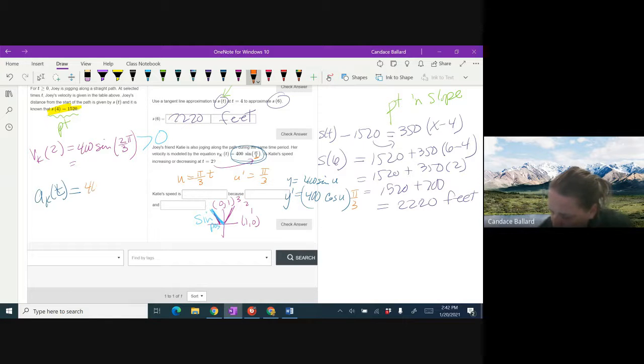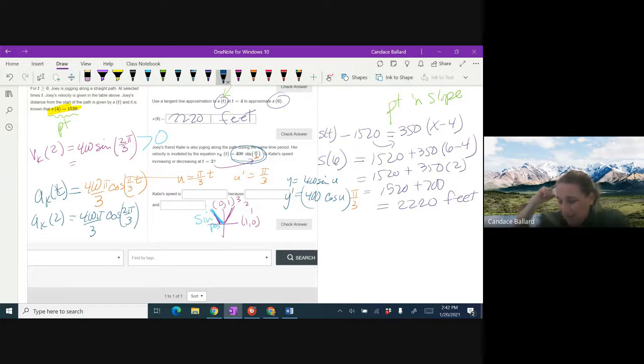So it's 400 pi over 3 times the cosine of pi t over 3. And then I've got to put the 2 in there now, right? So a sub k of 2 equals 400 pi over 3 cosine of 2 pi over 3.